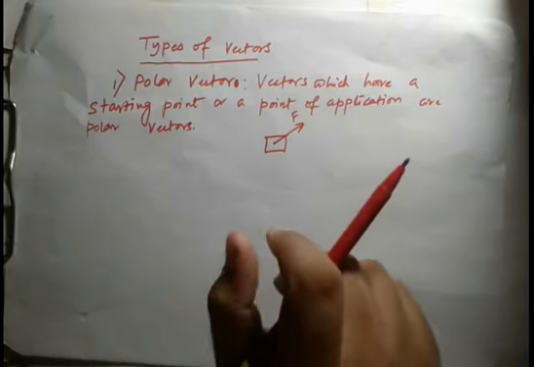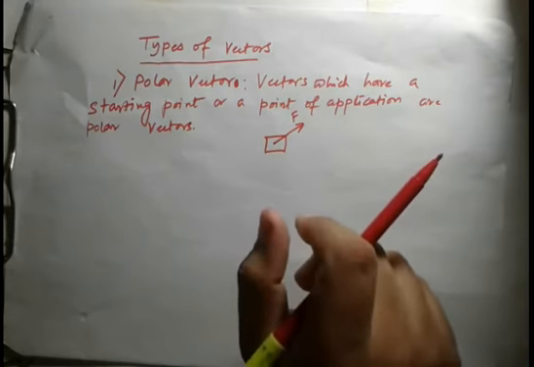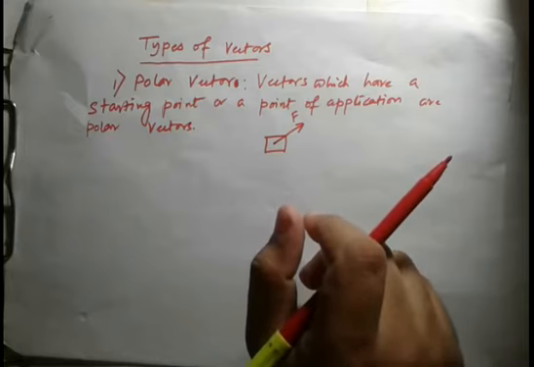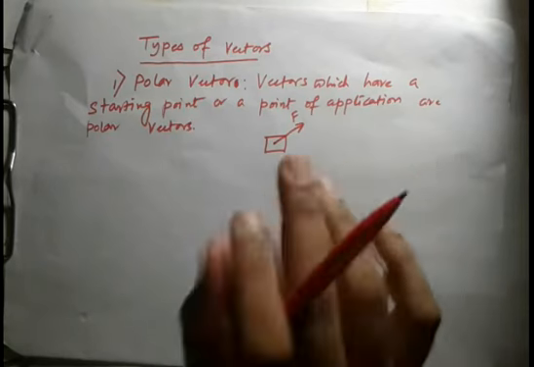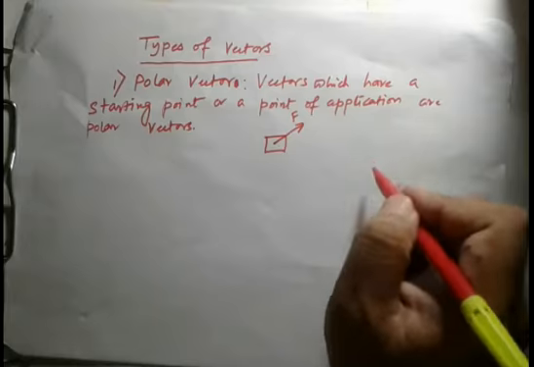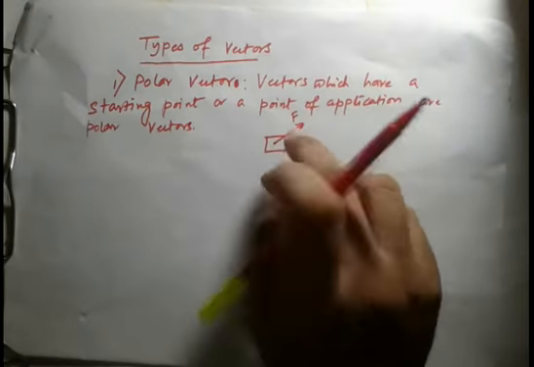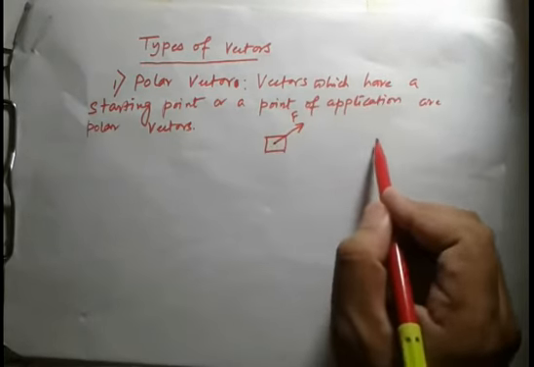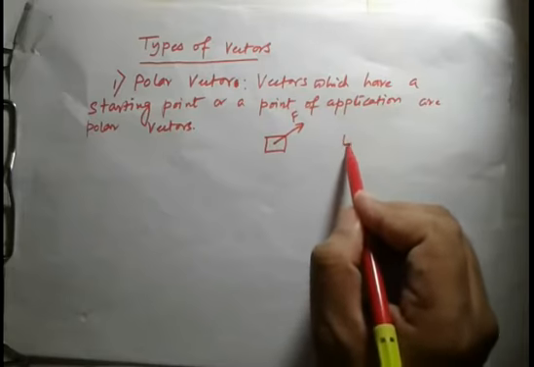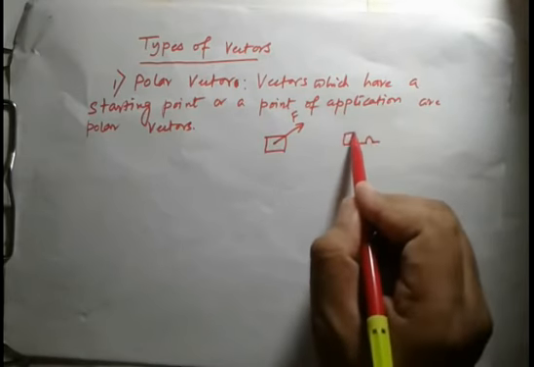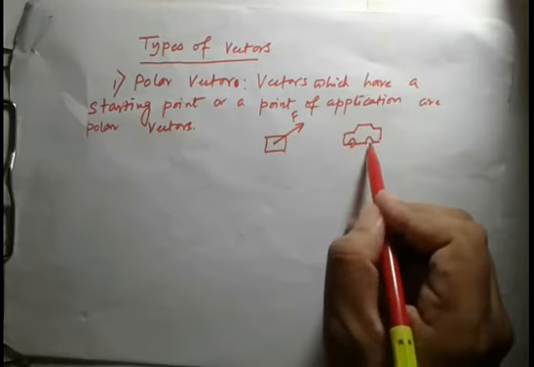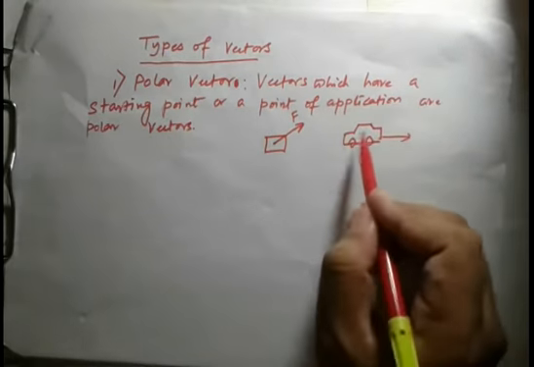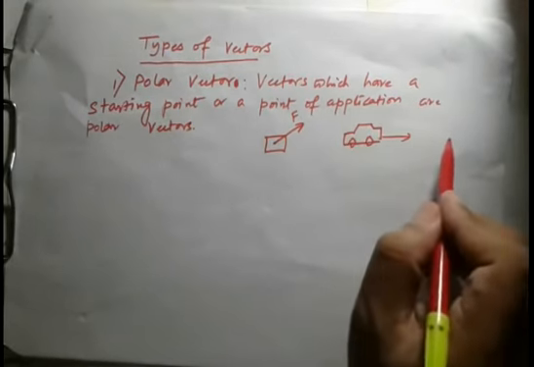In this case, the direction of the displacement of the car and its direction of motion are the same, along the east direction. That means we know the vector is going in that direction, and we also know the starting point of the vector. Suppose one car is going in this direction, and the displacement is also in this direction.